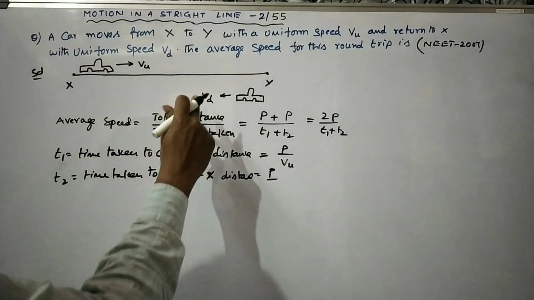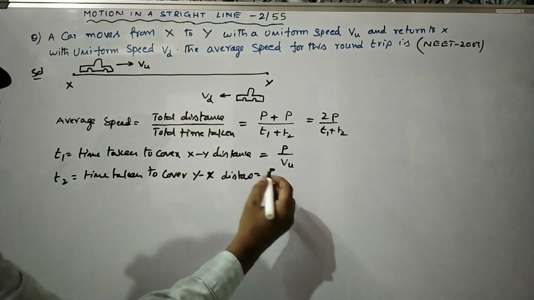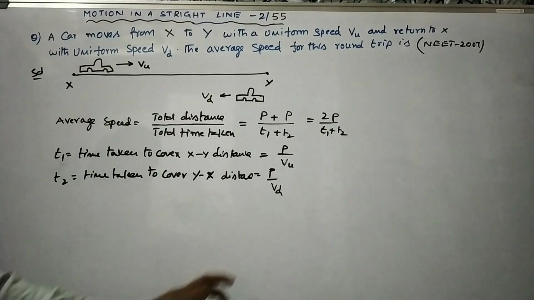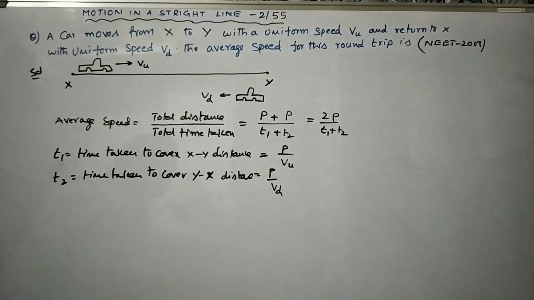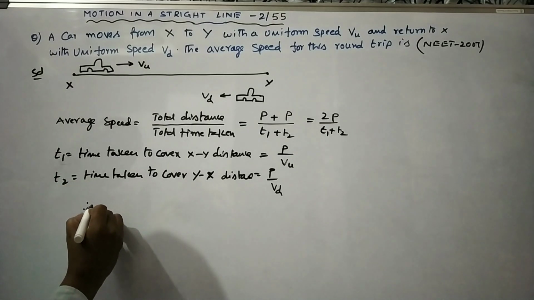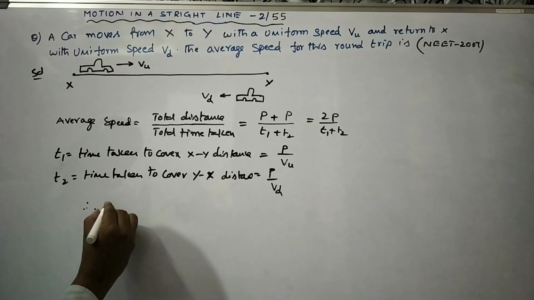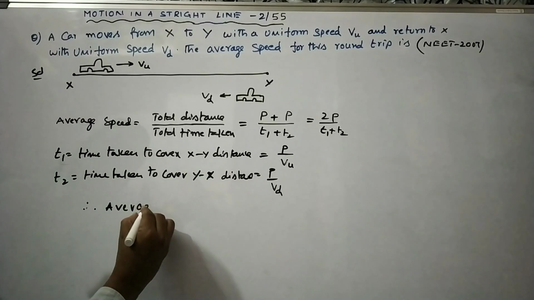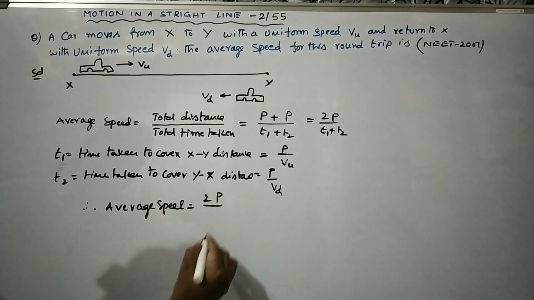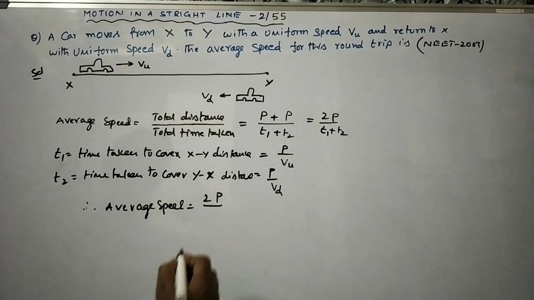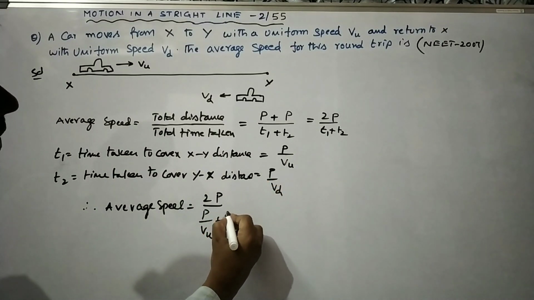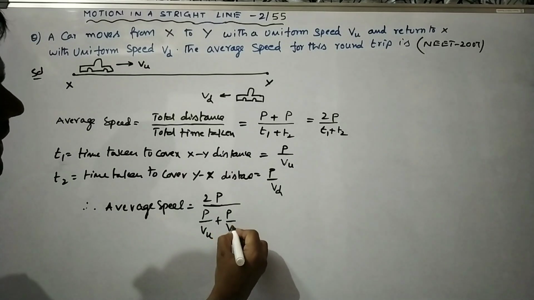Now substitute all the values in this equation. Therefore, average speed equals 2p by t1, where t1 is p by vu, plus t2, which is p by vd.